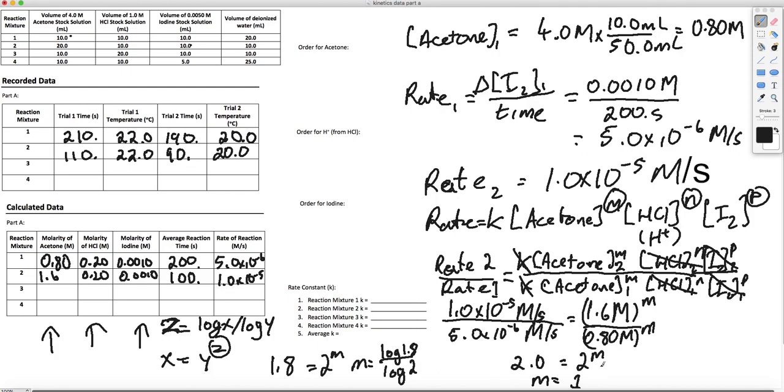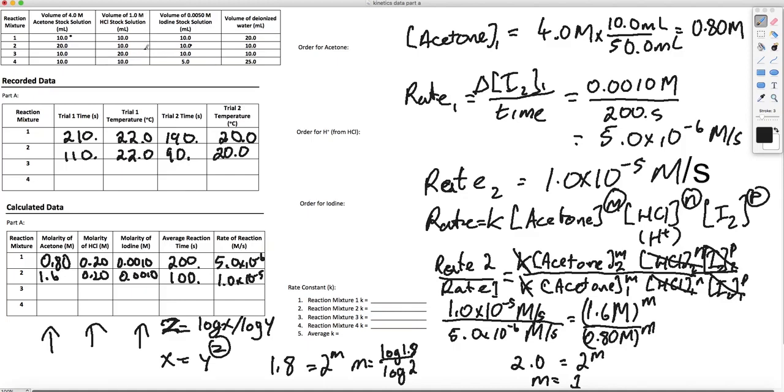Now we're going to do something similar with the HCl and the I2. I think you can handle that now. And if you look closely at the data here for the HCl, you can see that we have 10, 10, 10, and 10 on the top one, and then on the third one we've got 10, 20, and 10. So the difference there is in the HCl.